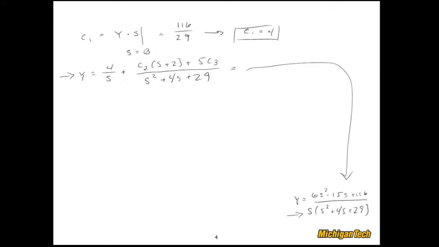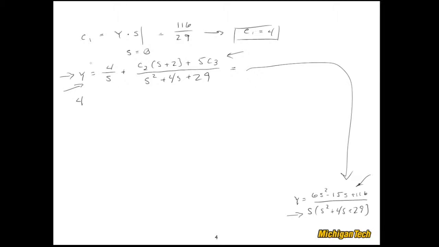So the key part now is the numerators. I have to make sure that this numerator is equal to that one, and the way I'm going to do that is by picking the appropriate c2 and c3. So let's take this and get a common denominator, and then we'll be able to compare numerators.